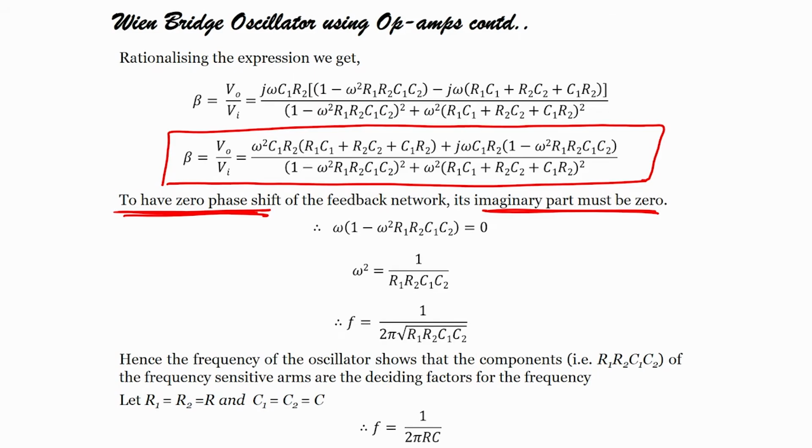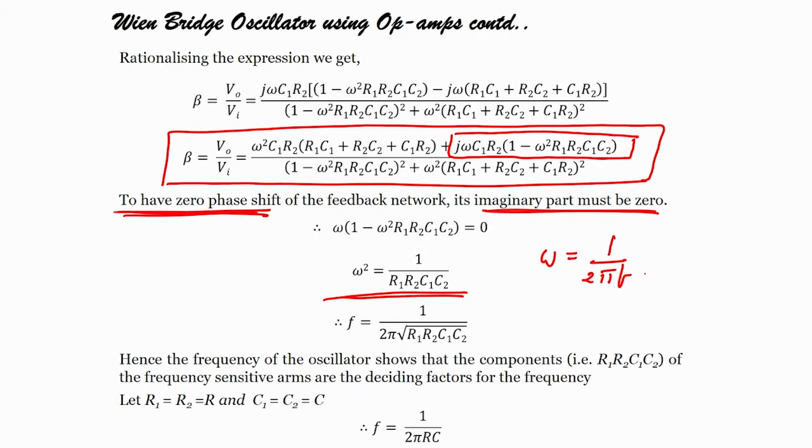So, where is the imaginary part? The imaginary part is the term with j, here. So, I will write omega times (1 minus omega square R1R2C1C2) equals to 0. So, omega square equals 1 by R1R2C1C2. Now, omega is nothing but 2 pi f, or f equals omega by 2 pi.